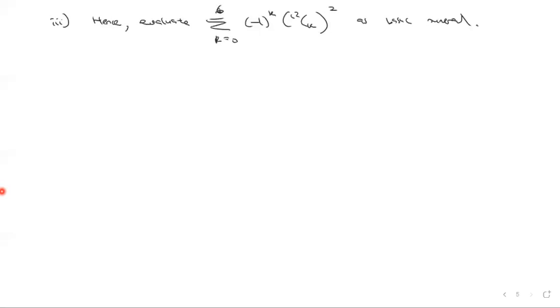The last part then again says hence evaluate for 1 mark. So this should be much easier. So this question asks us to hence evaluate this sum as a basic numeral, considering, of course, that we already have the things we have above.